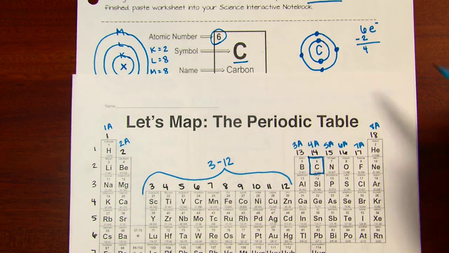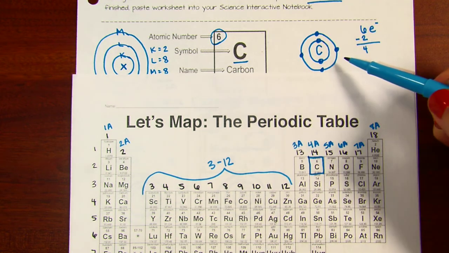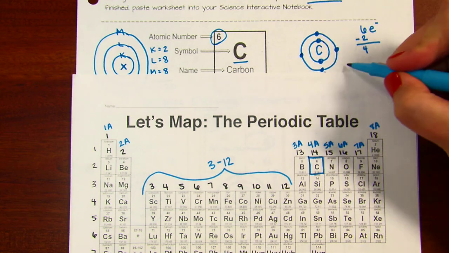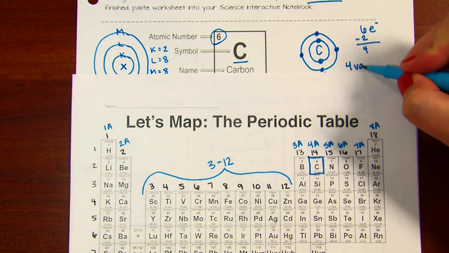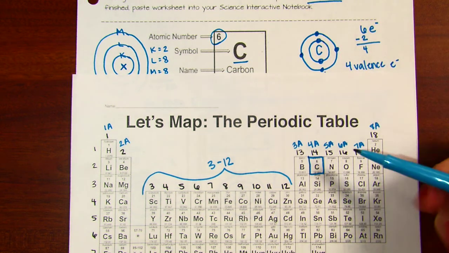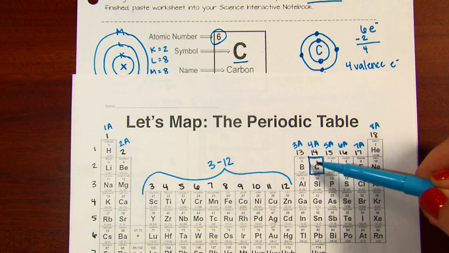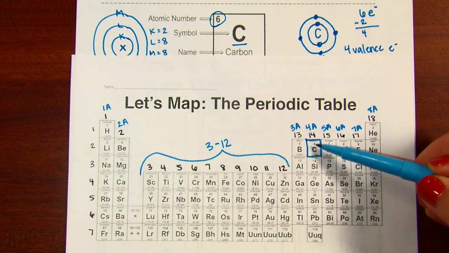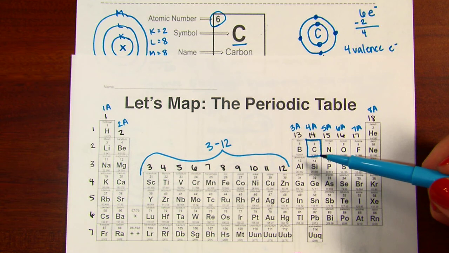So looking back at our Bohr model, we said that carbon has 1, 2, 3, 4 valence electrons. And it is in group 4A. Every atom in group 4A will have 4 valence electrons. Let's also look at how many orbitals our Bohr model for carbon has.